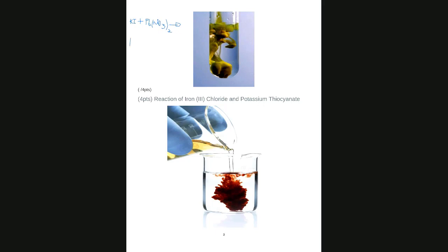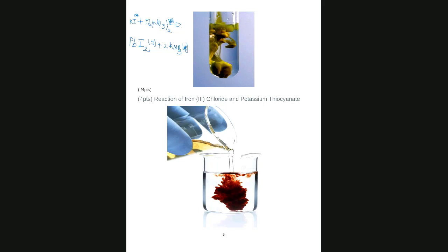It forms, and they tell us that this is aqueous and this is aqueous, and this is aqueous as well. And it forms a solid precipitate, as potassium nitrate, which is aqueous.